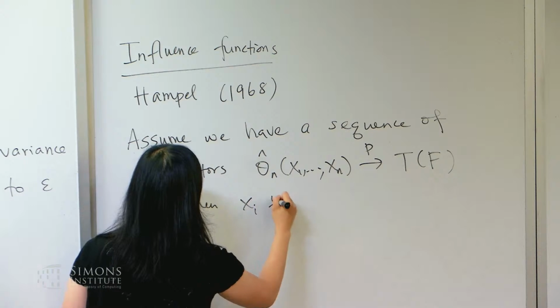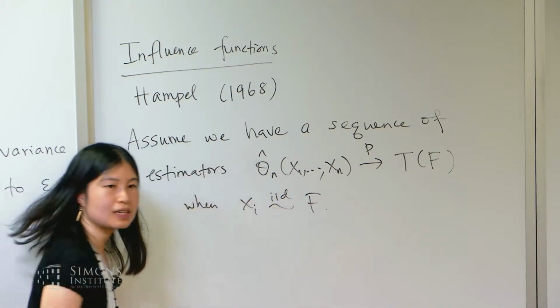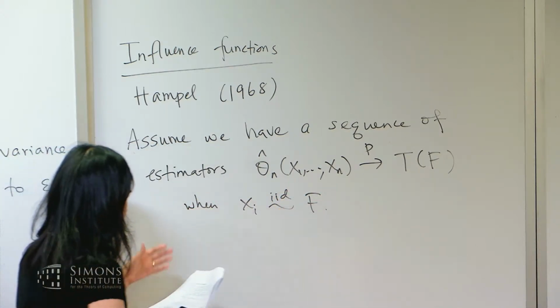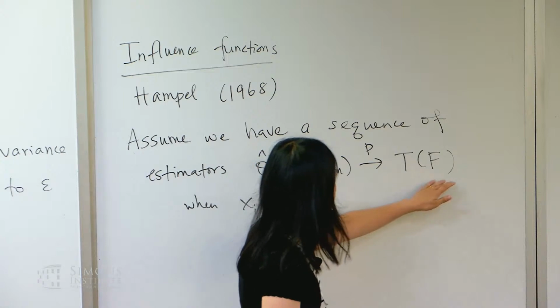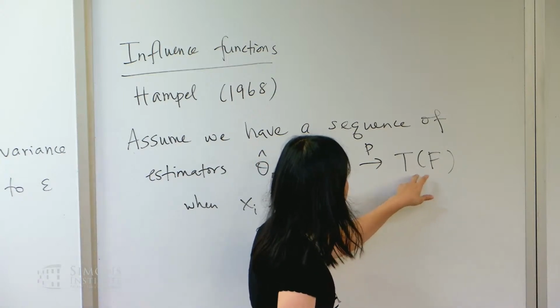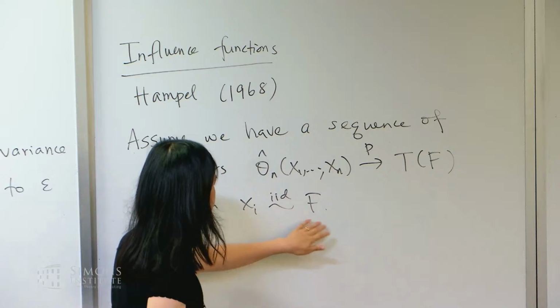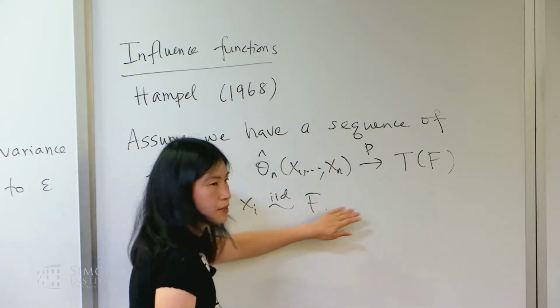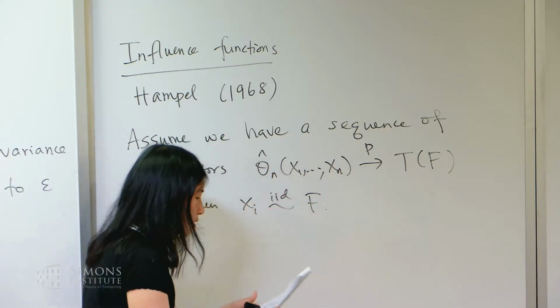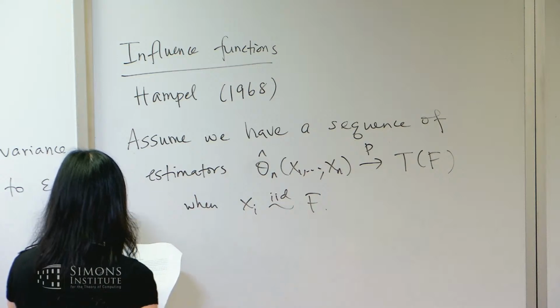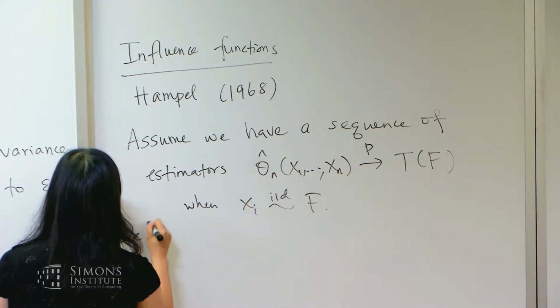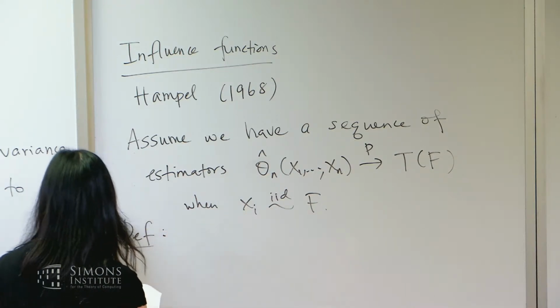Hampel's theory focuses on this limiting value T of f, where I allow my data to now come from an IID mixture of f with something else, and I send epsilon to 0. Concretely, it's written in the following definition.